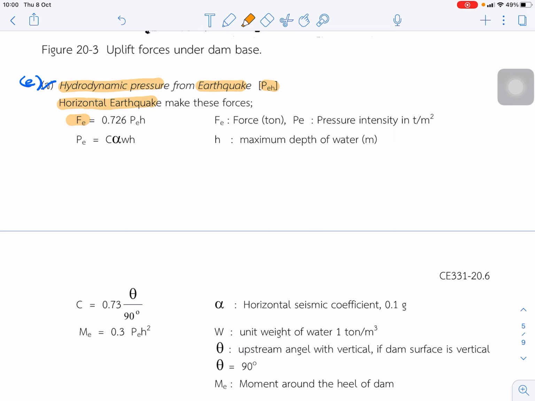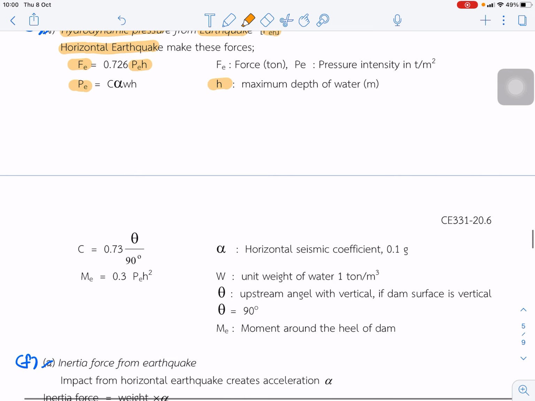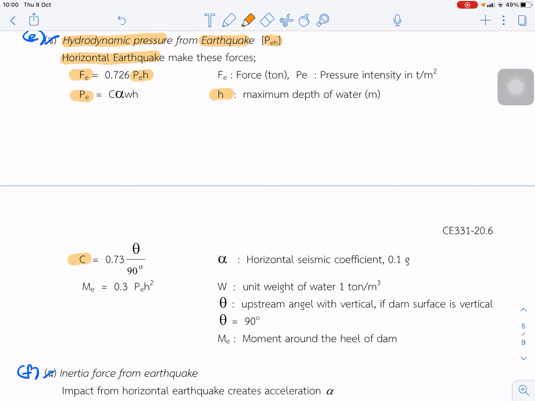This comes from the pressure times H. And the pressure comes from this function of C, alpha and gamma H. H is the maximum depth of water. And C is a function of theta. Theta is the upstream angle with the vertical.